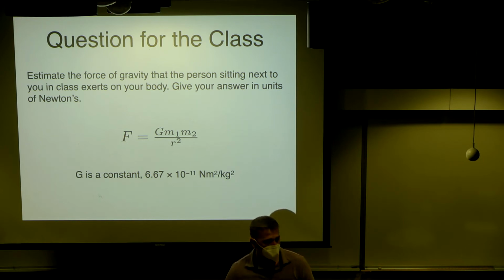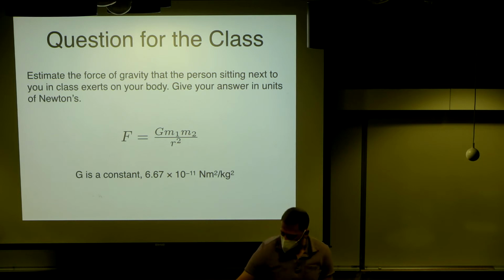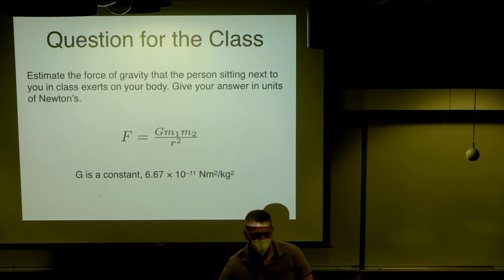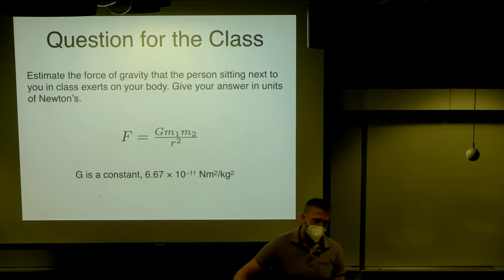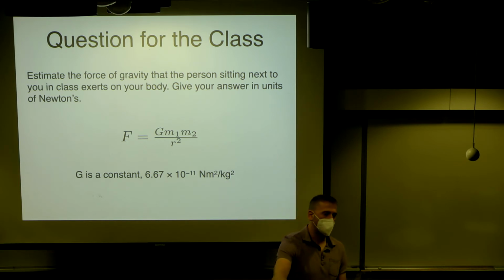But it is true that every single object in this room around you is exerting a gravitational pull on you. This stapler right here is exerting a really weak gravitational pull on me. This laser pointer, same deal. It's just that those forces are incredibly, incredibly weak compared to the force of Earth's gravity, okay?